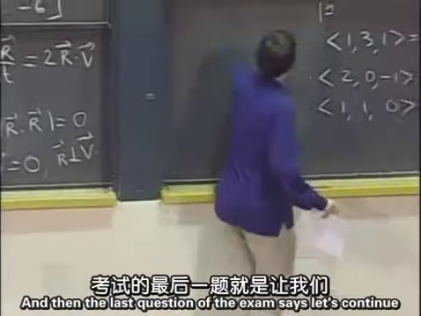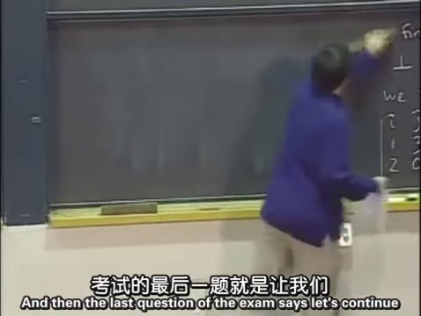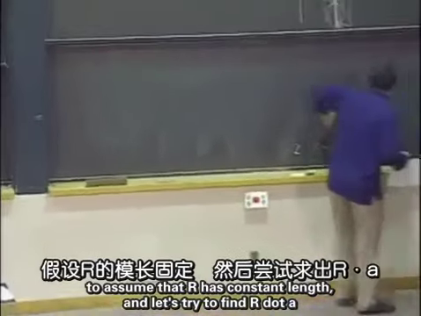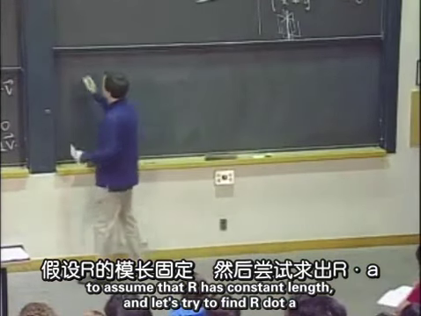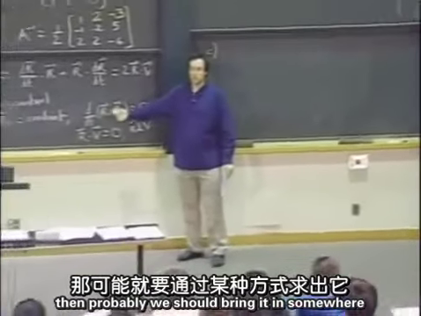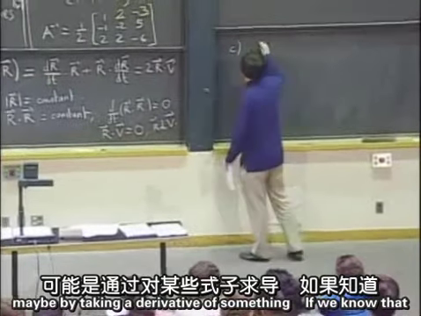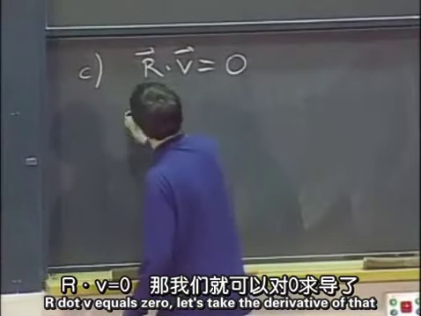And then the last question of the exam says, let's continue to assume that r has constant length, and let's try to find r dot a. So if there's acceleration, then probably we should bring it in somewhere, maybe by taking a derivative of something. So if we know that r dot v equals 0, let's take the derivative of that.